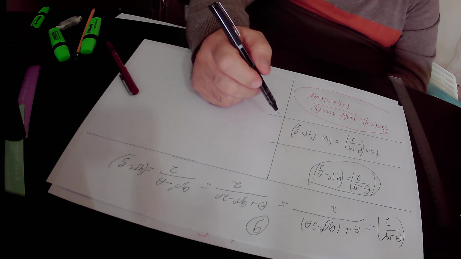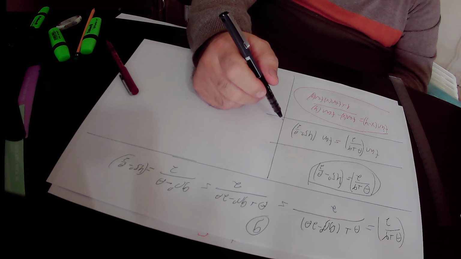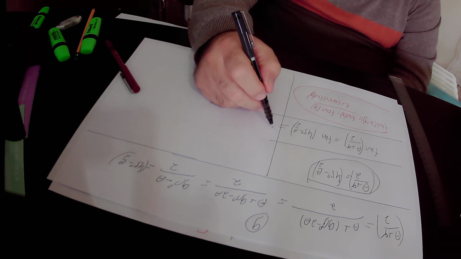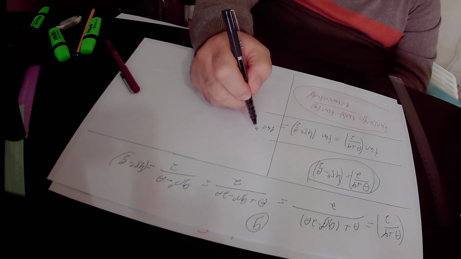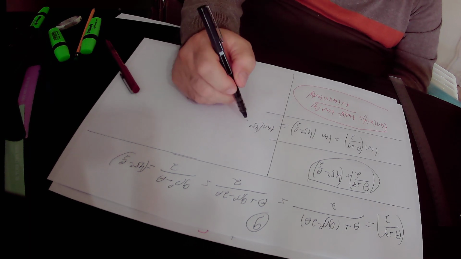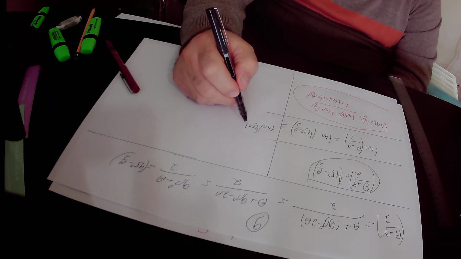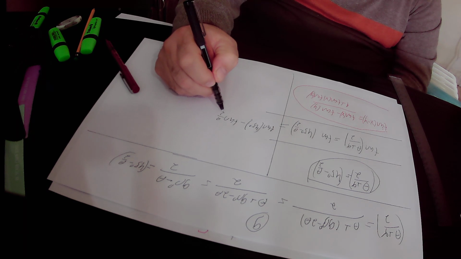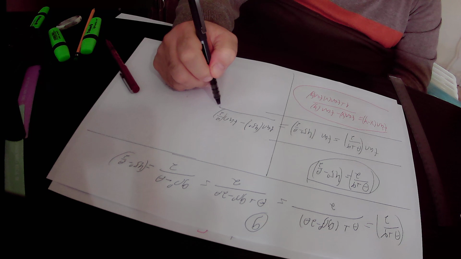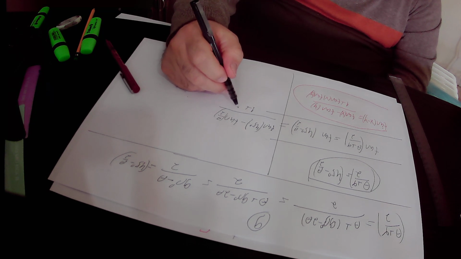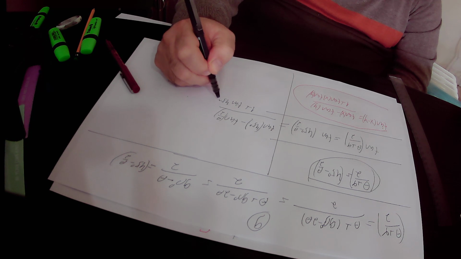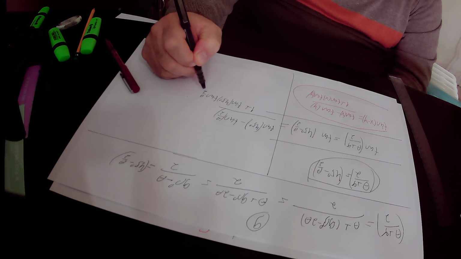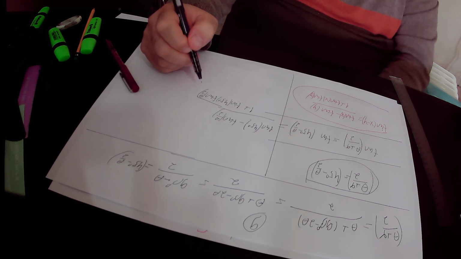The value of tangent 45 degrees minus theta over 2 will be equal to tangent 45 degrees minus tangent theta over 2 divided by 1 plus tangent 45 degrees times tangent theta over 2. Okay?